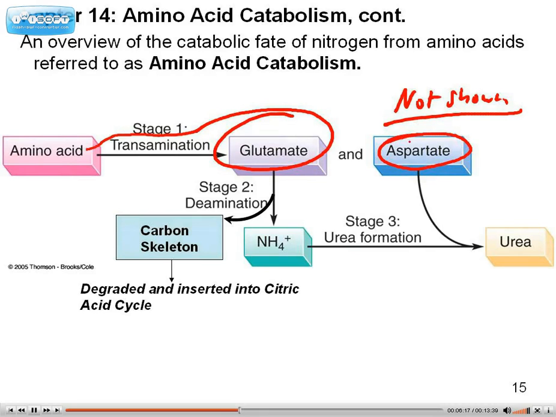So I'm just going to focus on glutamate in this instance. Glutamate is then going to lose its amine, forming an ammonium and carbon skeleton, at which point it's degraded and inserted into the citric acid cycle, which we'll get into in a bit. The ammonium is then converted into urea. So again, we're not going to be focusing on aspartate in my slide summaries, nor will it be focused on the final.